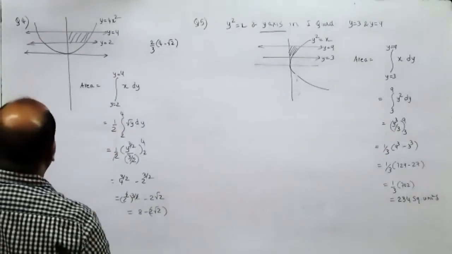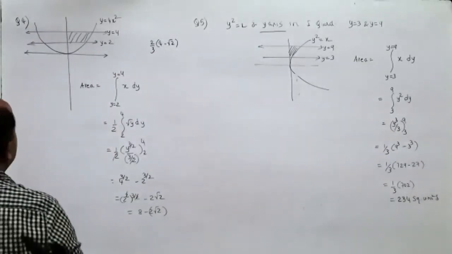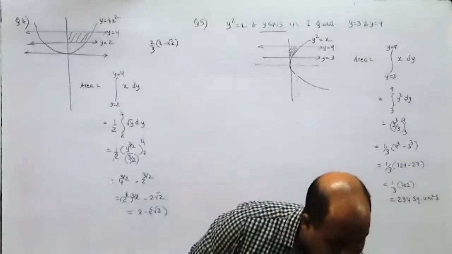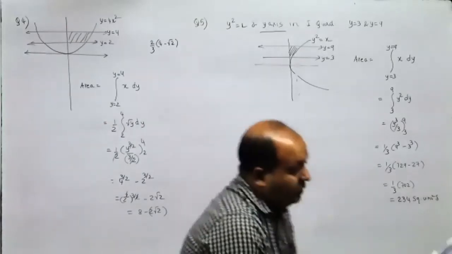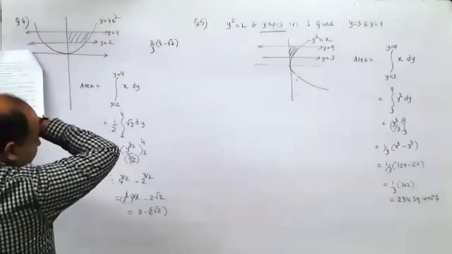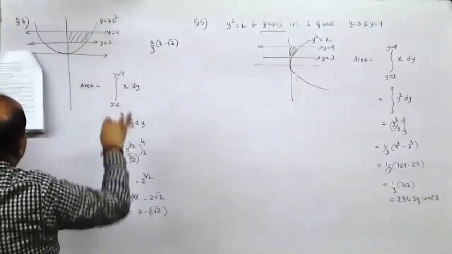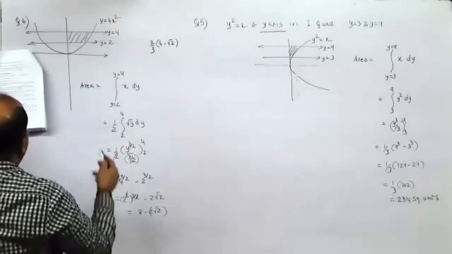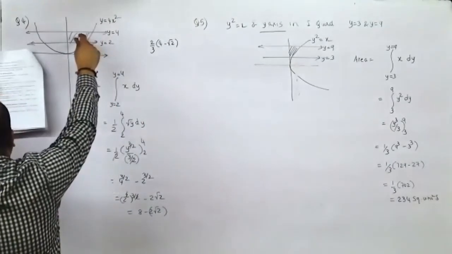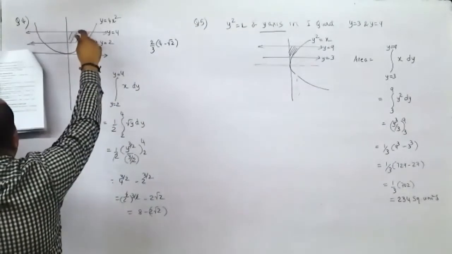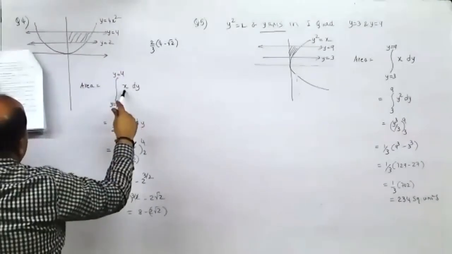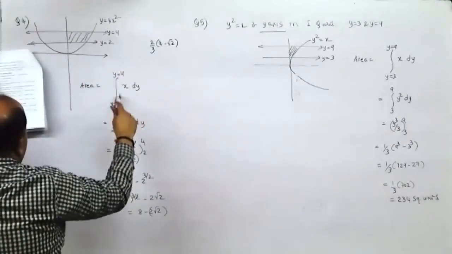First of all, how do you get 3 here? This is x dy. What is the question? y equal to 4x square, so x square, symmetrical about the y axis. So this is correct. Now y equal to 2 and y equal to 4 in the first quadrant, bounded by these two lines. So that means it is this region. So it is dy, x, from 2 to y.